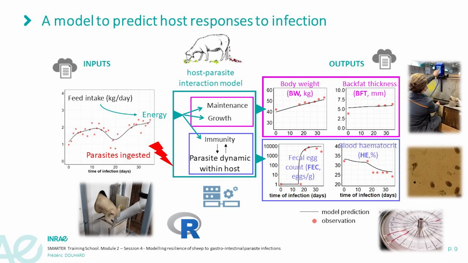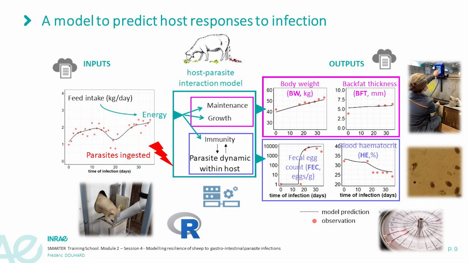Okay, so this is the data, and now this is the model that we want to build. We want a model that will take as input the feed intake, which was recorded automatically with the machine. We also have another input that is the parasite ingested.